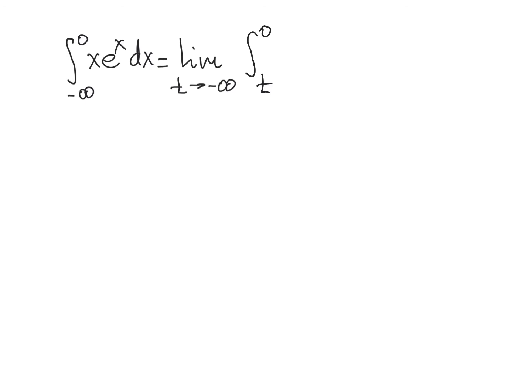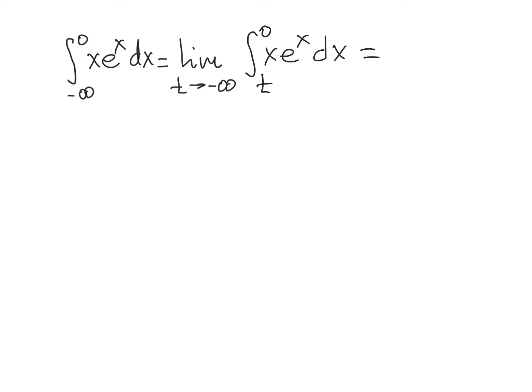So now we return to the evaluation of the improper integral from negative infinity to 0 of x e to the x dx. In limit form, it is the limit as t approaches negative infinity of the integral from t to 0 of x e to the x dx.